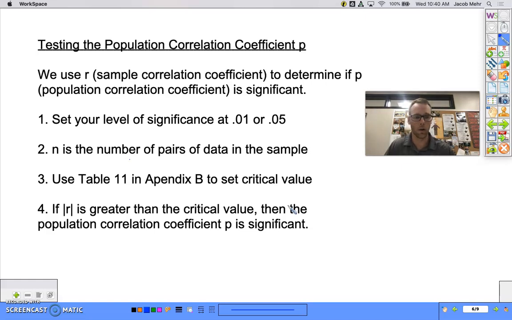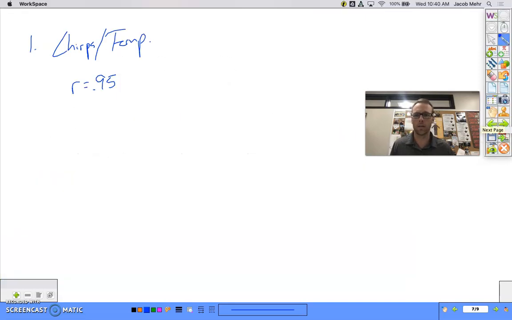One thing here, and I hope you're open to your book by this time, you will notice that the critical values for a small number of data pairs are really high. We have to beat, like when I look at N equals 4 with a level of significance of 0.01, we have to beat 0.99. So if we set our alpha, our level of significance, to be 0.01, then the critical value is equal to, well, let's see here.